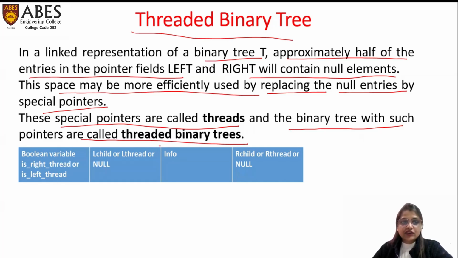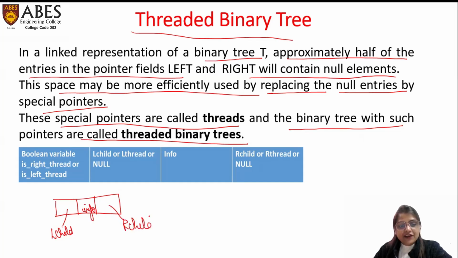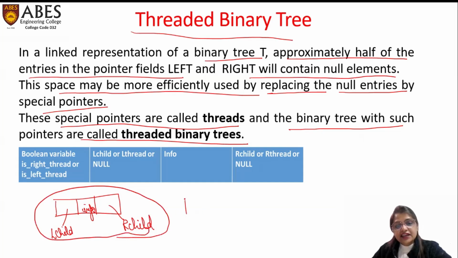In a normal linked representation of a binary tree, a node is divided into three components: left child, info, and right child. But if I want to utilize threading inside this linked representation, there will be 4 parts.